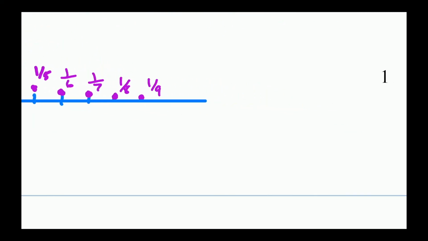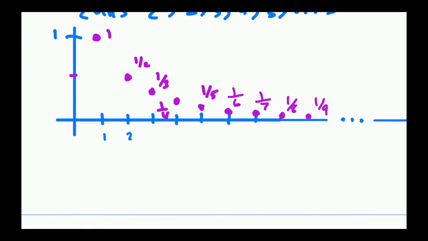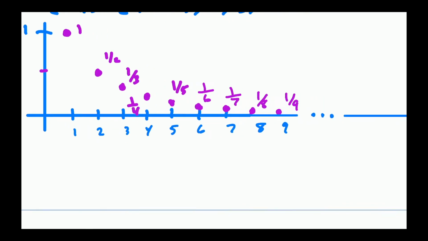If you kept going on this picture, think about keep going. So like if I go dot, dot, dot, and then suppose it continues on, right? What if we get down here to where this is a 1, 2, 3, 4, 5, 6, 7, 8, 9, dot, dot, dot.